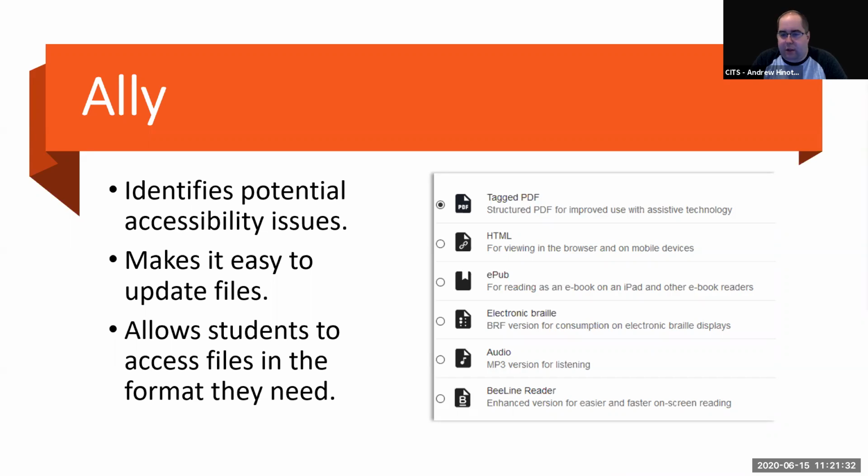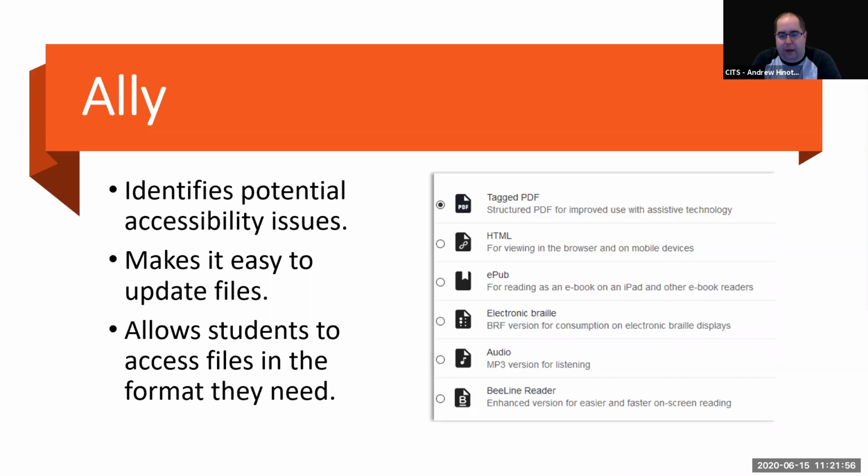So on the right there, you can see it shows a few different options. If you upload, say, a Word document, and the student clicks on a little Ally button, and I'll show you a little bit how this works, it's going to pop up on the student screen. It's going to say, okay, what format do you want it in? I want it in HTML so I can read it right in my browser.